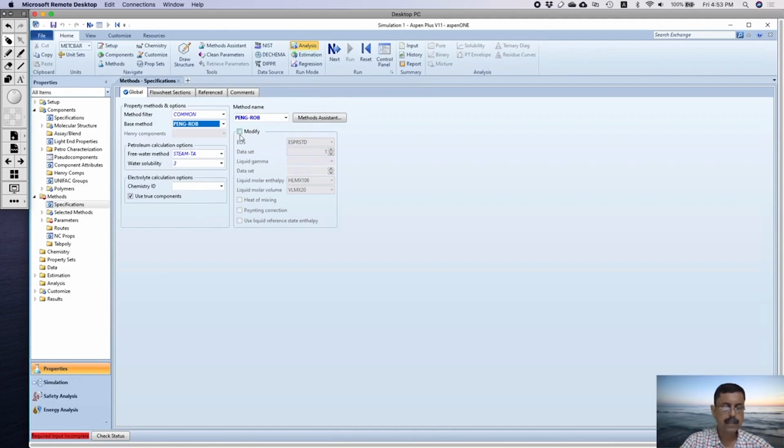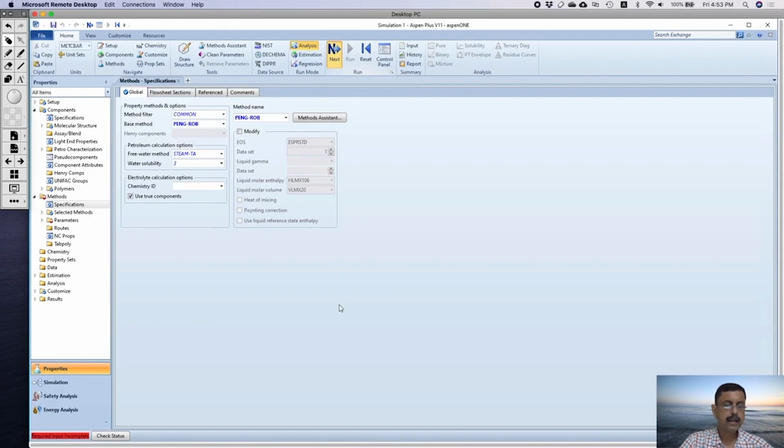You can modify the equation of state method, liquid molar enthalpy, molar volume, etc., heat of mixing if you have. So you can modify your Peng-Robinson method based on some extra data that you may have. We don't have any such data, so we can just go forward with next.